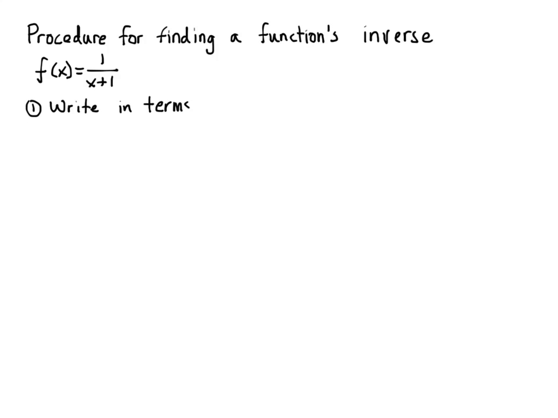Okay, so here's the procedure for finding a function's inverse. So let's take that function, and I'll show you how I got that inverse. So first thing that you do is you abandon the function notation of f of x, and you just put in a y, because this is going to make it a little less cumbersome for you.